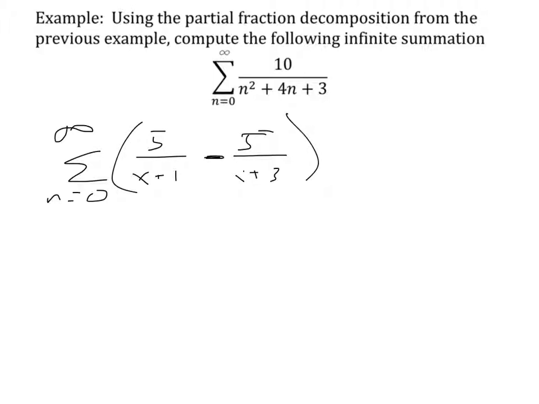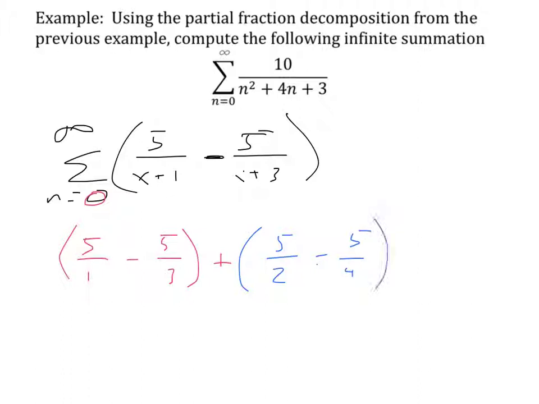Now I'm going to start writing out the terms of the series. Let's first put in 0. When I put in 0, I end up with 5 over 1 minus 5 over 3. That's the first term. Plus, now I'll put in 1. That would be 5 over 2 minus 5 over 4.